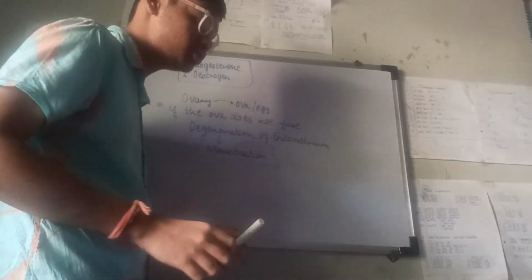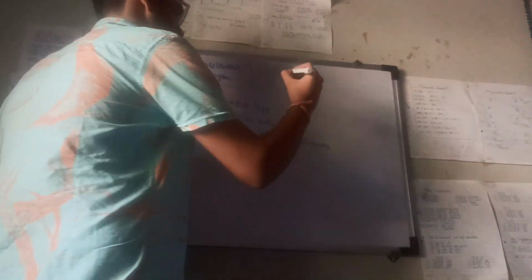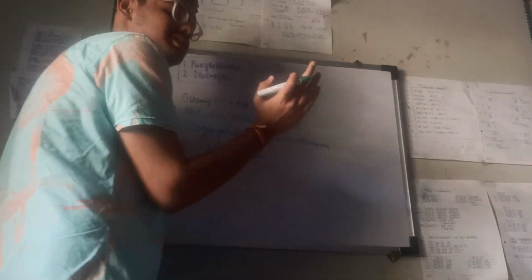So we will learn two categories of it. The beginning of the menstrual cycle is called menarche. Menstrual spelling you have to keep in mind.